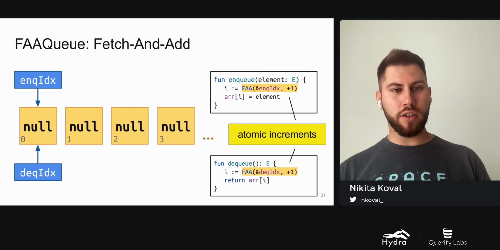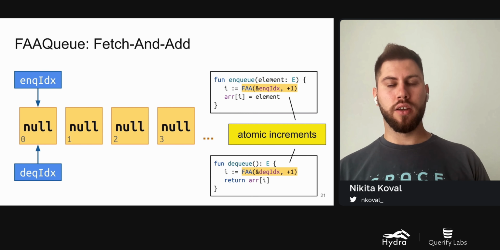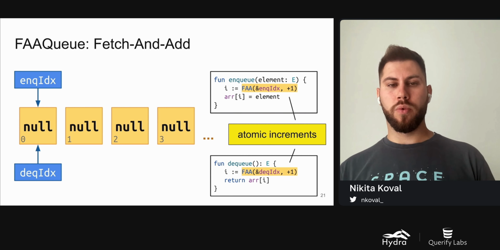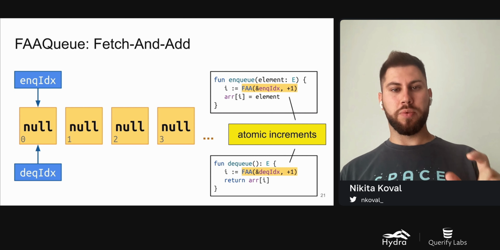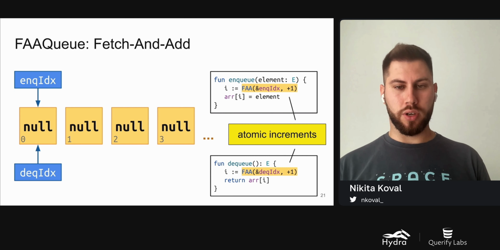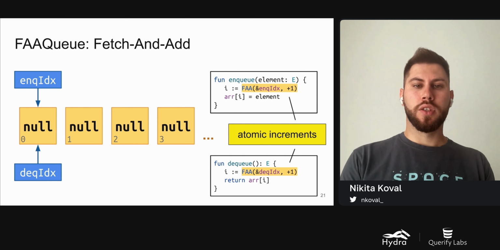Because at most one enqueue can work with a specific cell, and at most one dequeue can work with it.